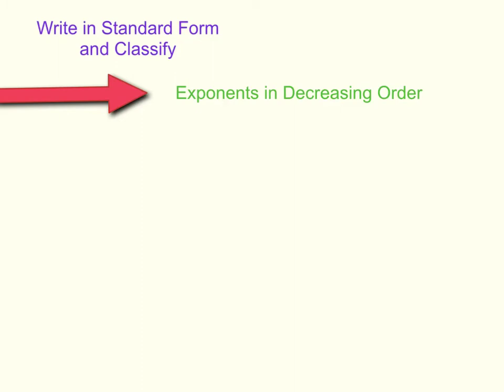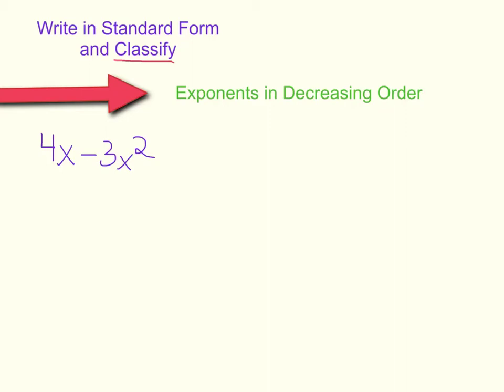So for the next part of the lesson, we're going to practice writing polynomials in standard form and then classifying them or naming them. Writing them in standard form simply means you are writing them so that exponents are in decreasing order. And then once they're in decreasing order, we're going to classify them based on their degree and number of terms. So for the first example, we have 4x minus 3x squared.